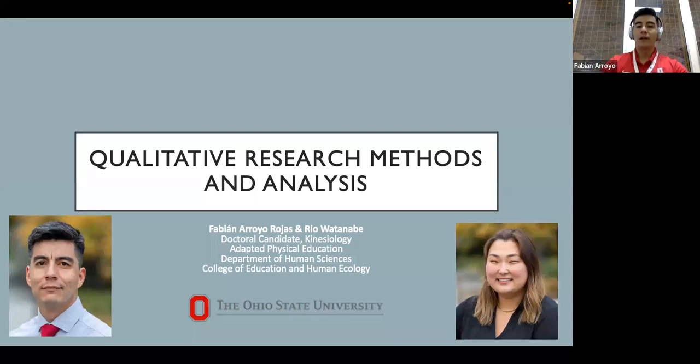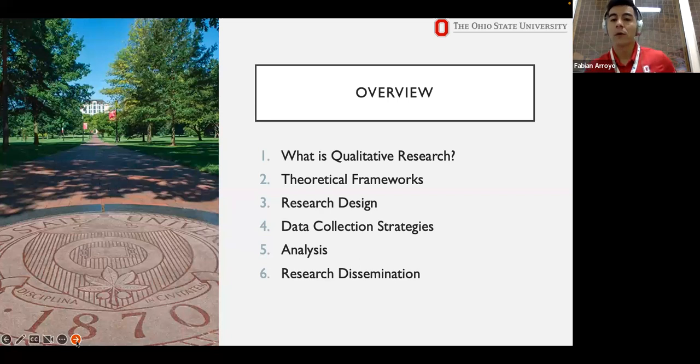So we want to get this started, and we would like to give you an overview of what we're going to be doing today. First, we are going to give you briefly an overview of what qualitative research is. We will talk about theoretical frameworks because this gives the rigor to the study, and we believe this is important.